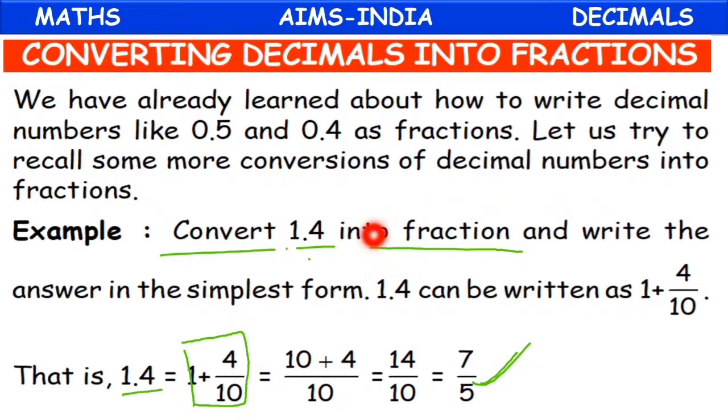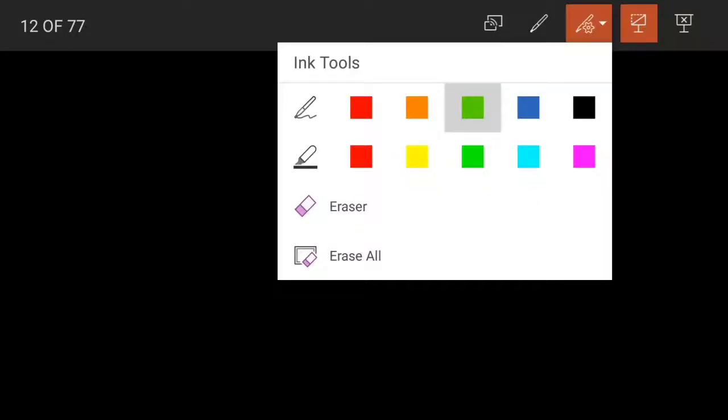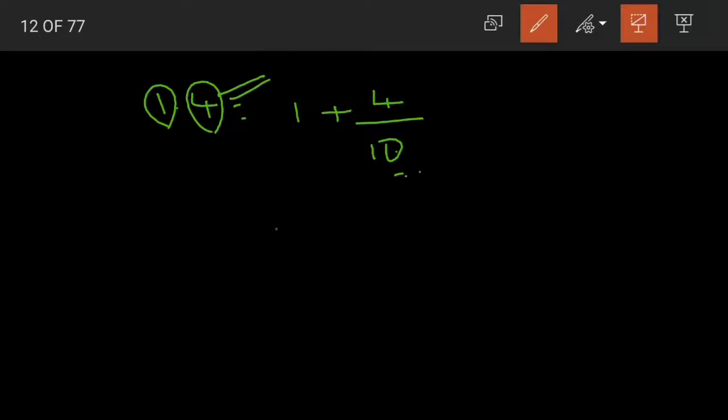What did we learn just now? Conversion of decimals into fractions. Now we know both the basic decimals and also a complicated decimal like this can be converted into a fraction. Let us revise again. I'll tell it quickly. 1.4, how will we write it? This 1 plus the decimal place 4 divided by 10, as we are having only one decimal place, 1 zero.